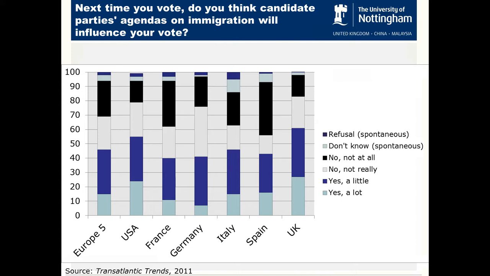And people are asked, next time you vote, do you think candidate parties' agendas on immigration will influence your vote? And what we can see here is the yeses and the nos, and this type of chart makes it easy for us to compare all of that very quickly, because we can look at the 2 shades of blue at the bottom of every bar to get a very quick idea of the proportion of people who said yes.